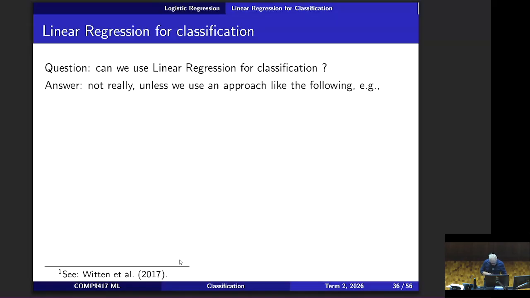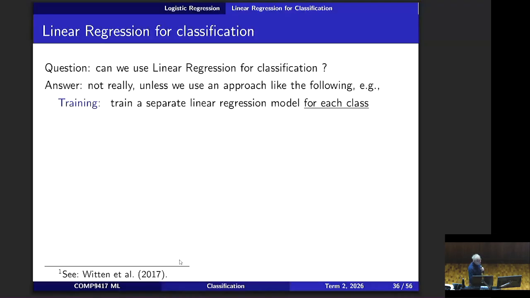So here's one approach, and this is, again, related to things like neural learning and ensemble learning, which we'll get to in later lectures. But one simple idea is for each class, we train a separate linear regression model. Okay, so I take my data set, and let's say I had 5 classes.